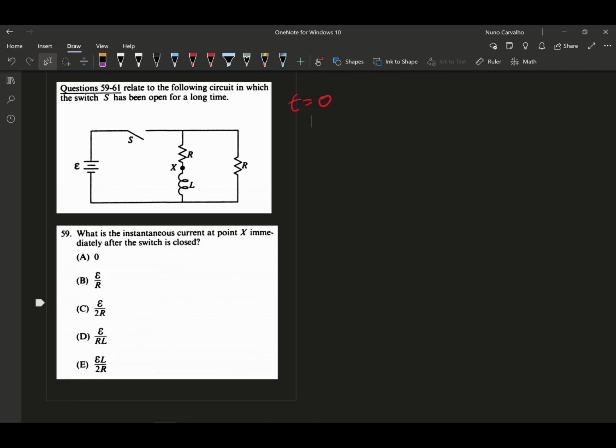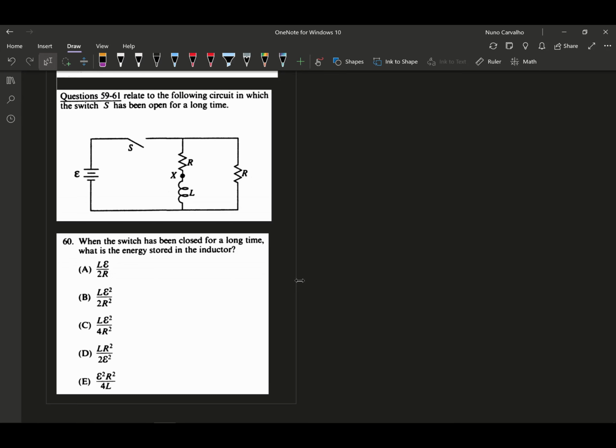And so since this switch S has been open for a long time, we can safely say the current across the circuit is zero, which is to say right after the switch is closed, the inductor is going to fully resist that change in current, and so the current will still be zero. Okay, so then the answer is just A. Pretty simple, because the current that goes across there is still going to be zero.